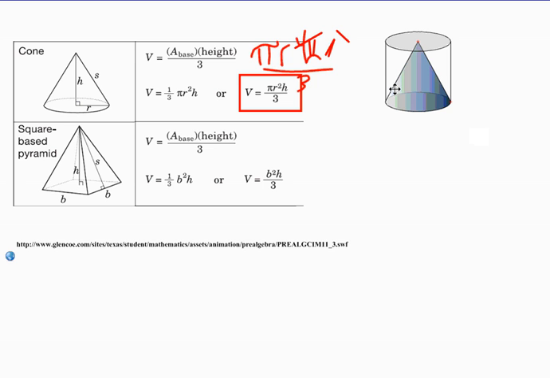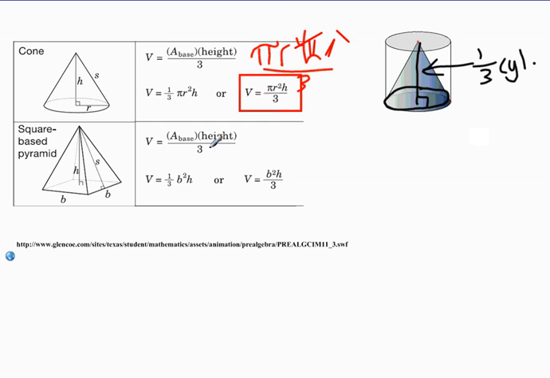It may have involved water, it may have involved sand, but what you're doing is confirming the fact that when these two objects have the same height, and when they sit on the same circular base, then the cone is exactly 1/3 of the cylinder. And that's why the formula is exactly 1/3 of the formula for cylinder volume.